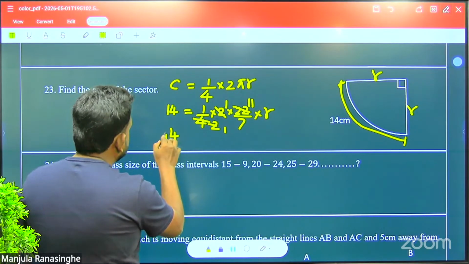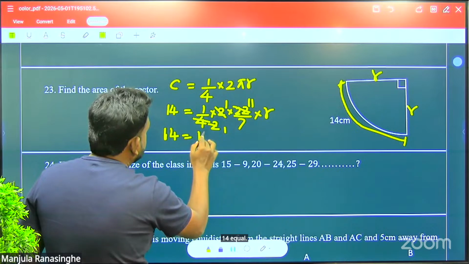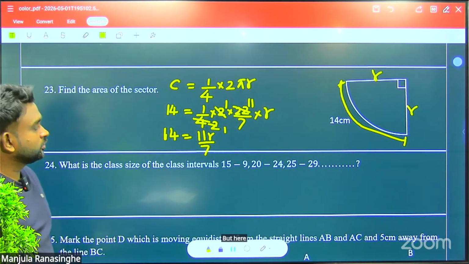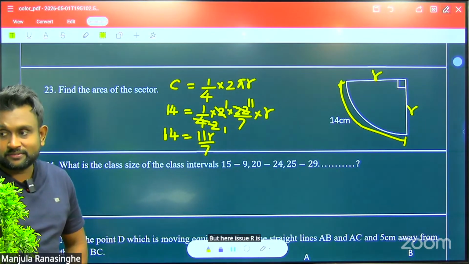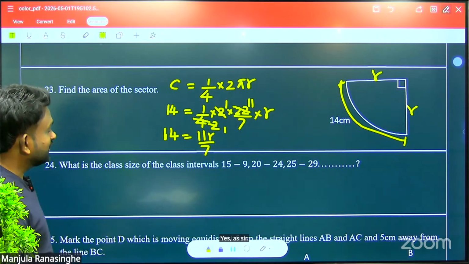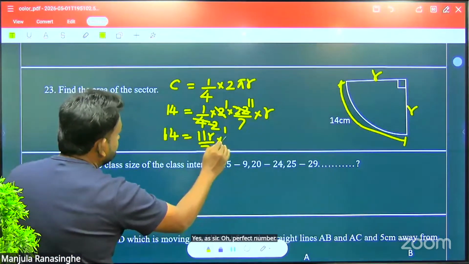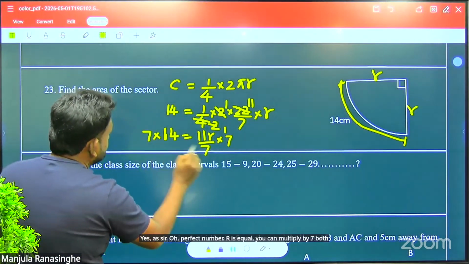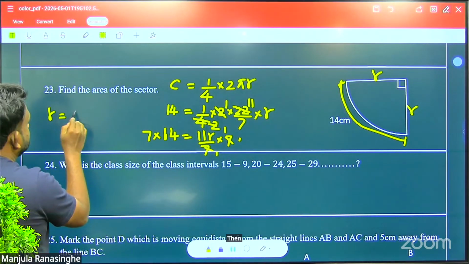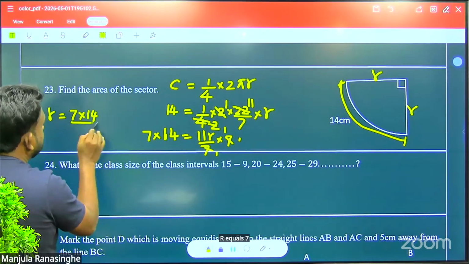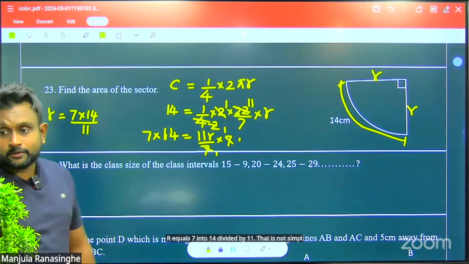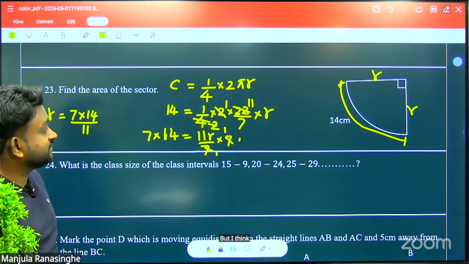14 equals 11R over 7. But here the issue is R is not simplified as a perfect number. You can multiply by 7 on both sides. Then R equals 7 into 14 divided by 11. That is not simplified, but I think it is a mistake here.